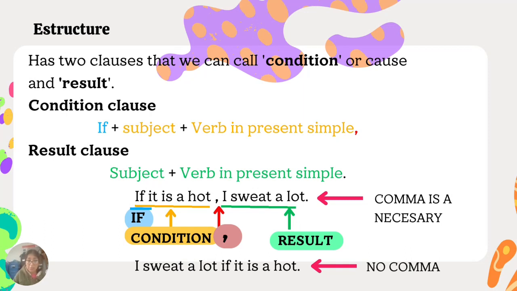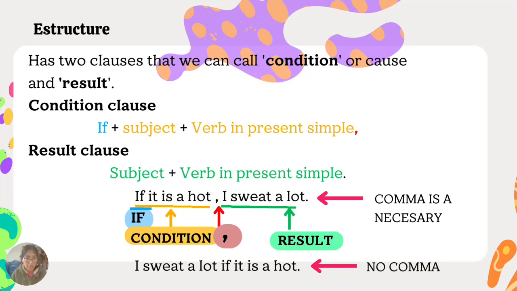With some examples, a comma is used to separate the clauses. The rule is very simple. A comma should be added when the sentence begins with the condition, that is, with if.